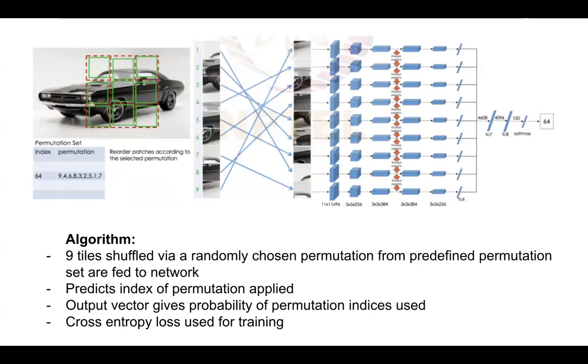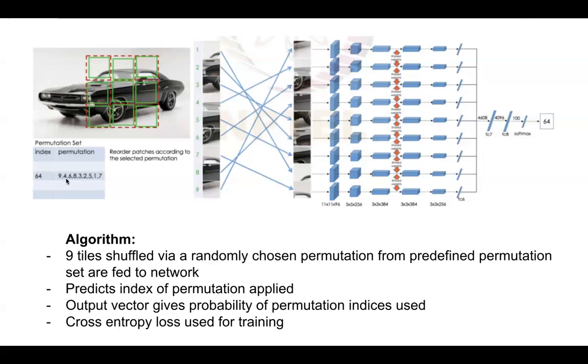So the image is divided into 9 equal blocks, and these blocks are permuted according to the permutation corresponding to that image. Here is the image of a car, and this middle part is divided into 9 parts, and you reorder these patches according to the selected permutation.